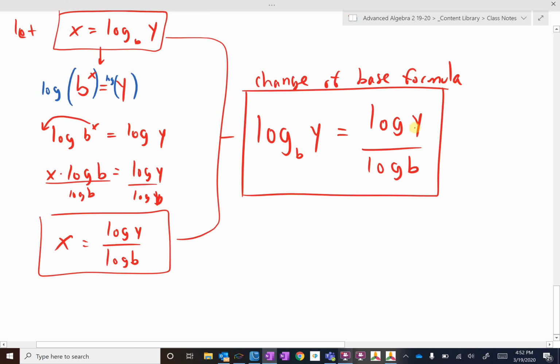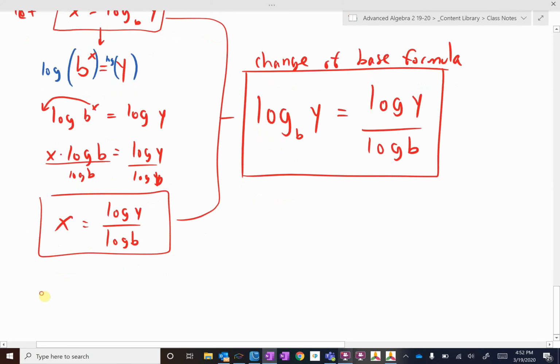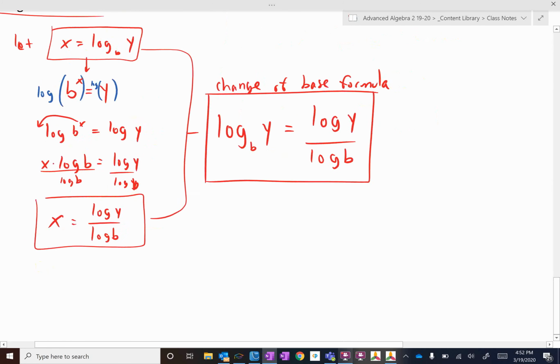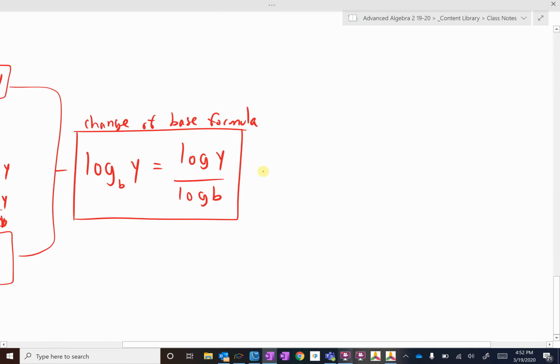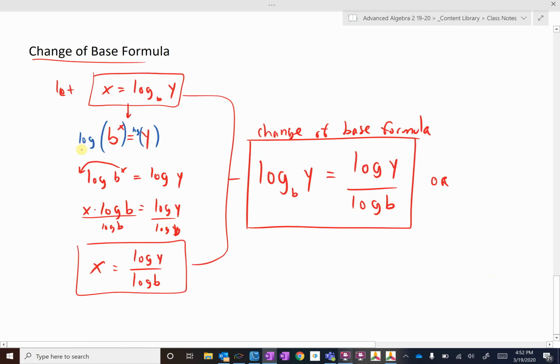You basically only have the common log function and the natural log function on your calculator. So this allows you to rewrite any logarithm in terms of common logarithms so that you could actually evaluate that in your calculator, right? It's worth noting that I used common logs here, log base 10.